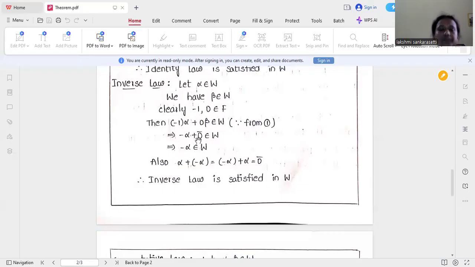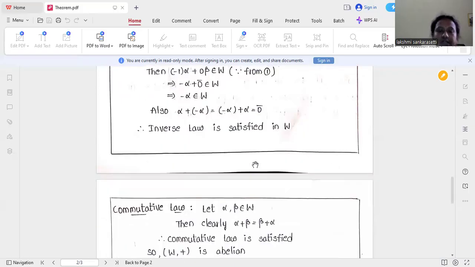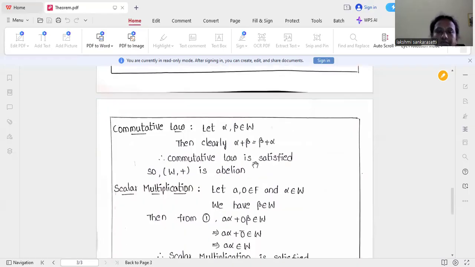Alpha is a vector, 0 bar is a vector in W. Already we have proved in the identity property, 0 bar is the zero element in W. So, minus alpha plus 0 bar is equal to minus alpha, and minus alpha also belongs to W. We can also observe that alpha plus minus alpha is equal to minus alpha plus alpha is equal to 0 bar, which says that minus alpha is the inverse of alpha under addition. So the inverse of each and every element exists in W.